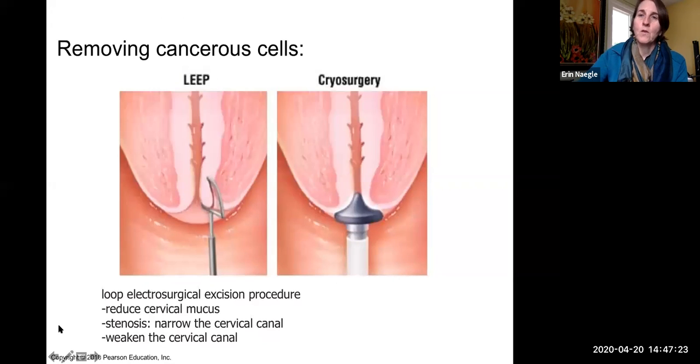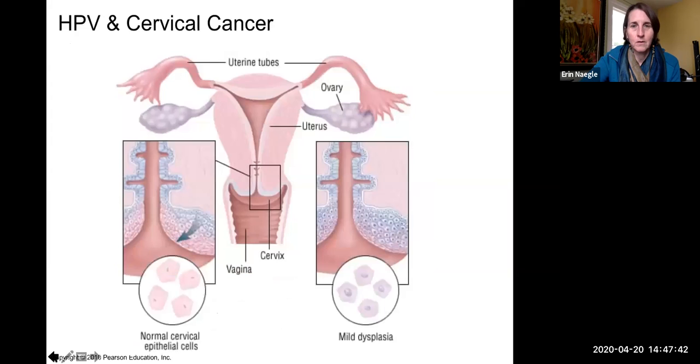So the whole reason why women start going to their gynecologist for regular annual checkups, one of the things that happens there is called a pap smear. And the point of the pap smear is they're doing a small biopsy of this cervical epithelium to see if it is healthy or if it is cancerous.